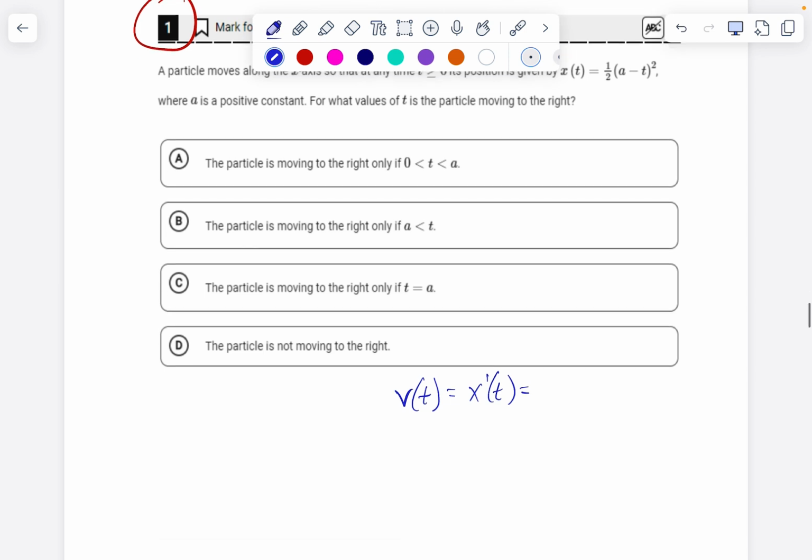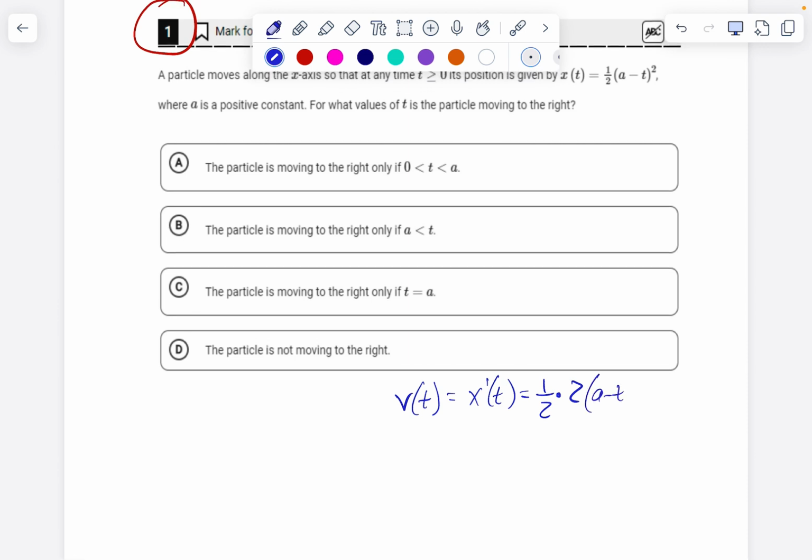Okay, and then how do you do the derivative of that one? Okay. So I'm going to just pull the 1/2 for a second, and then 2, and then inside a minus t, and then chain rule. A is a positive constant, so its derivative is 0. But what's the derivative of a minus t then? Okay, so let's clean this up a little bit.